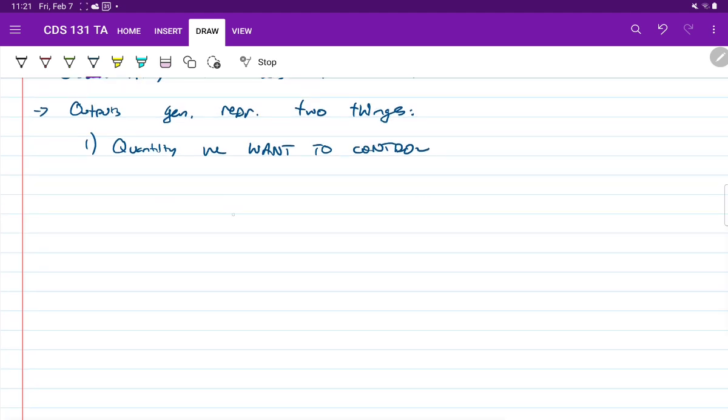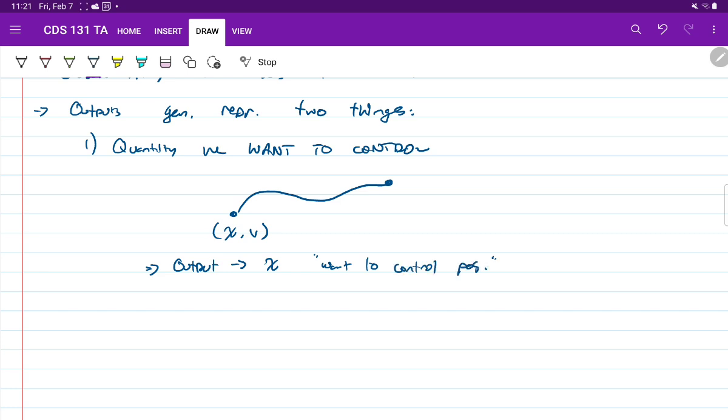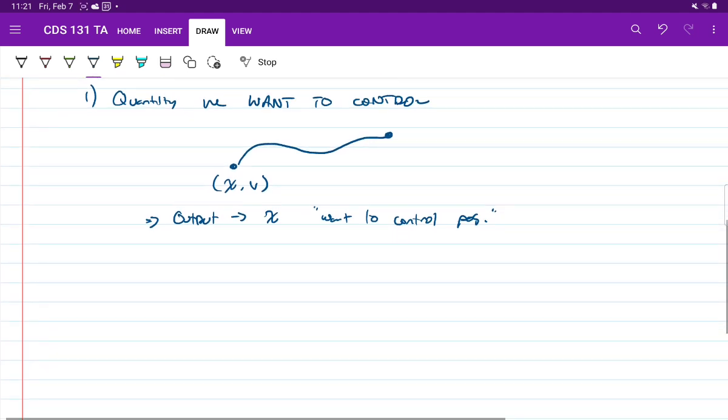For example, if I have a little robot system which I'm moving around, and I want to control the position of the robot, say the state is position x and velocity v, then maybe the output would be position x, because I want to control position. So that's one thing an output can be: the quantity that we want to control in our system. Now, what else can it represent?